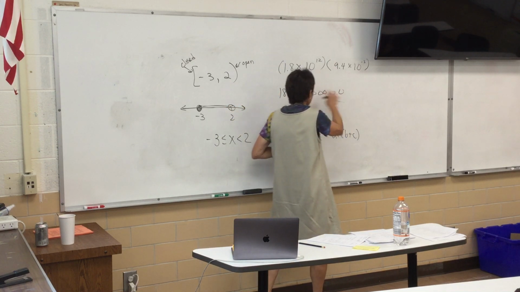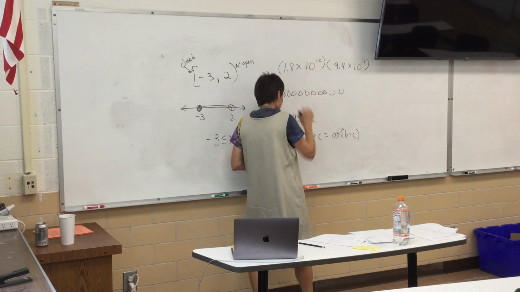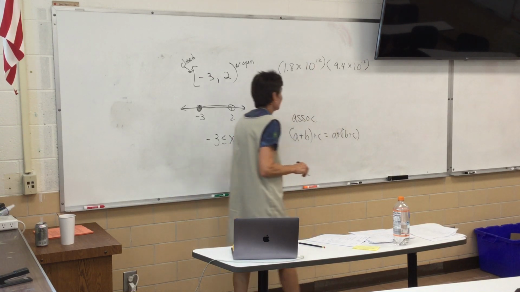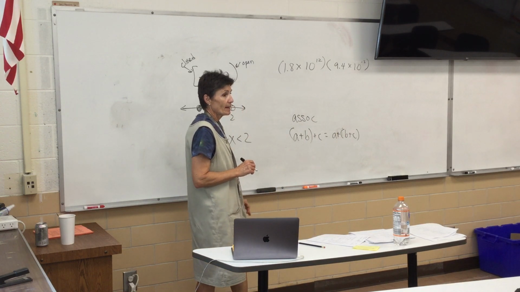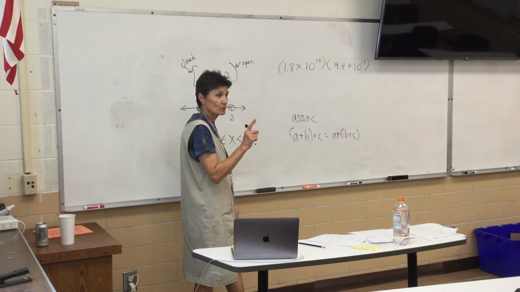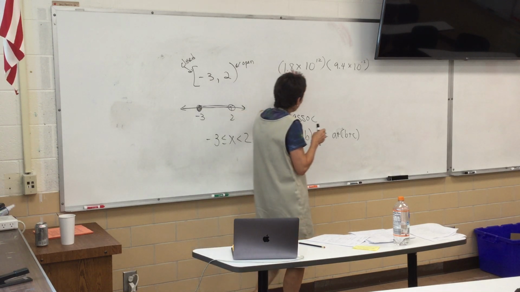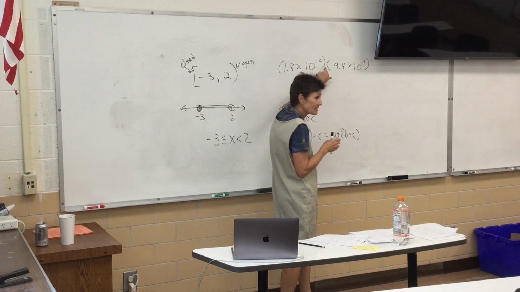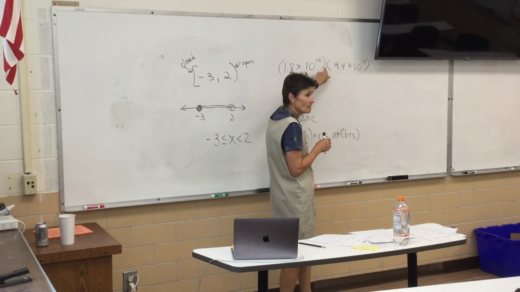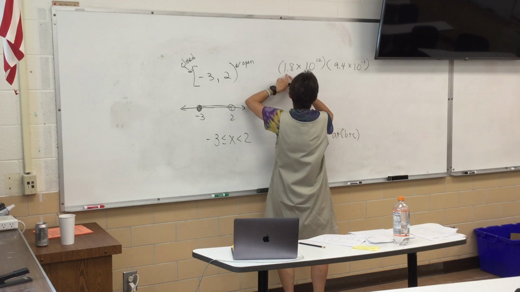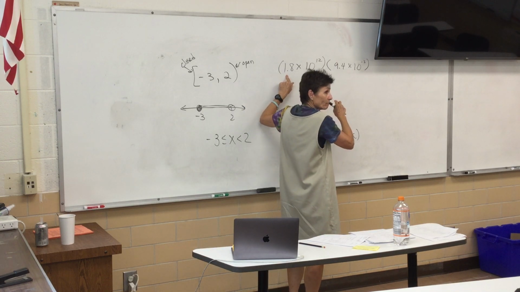This is called standard notation. That's scientific notation. So your job is to simplify this. Okay? So I see a calculator coming out, which isn't bad at all. Keep in mind that this is all multiplication. You don't see it, but that's a times in there, right? So the commutative and associative properties tell us that we can go ahead and multiply the 1.8 and the 9.4.